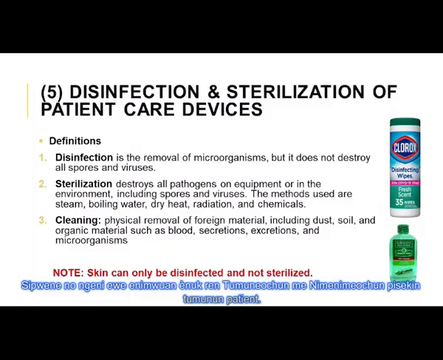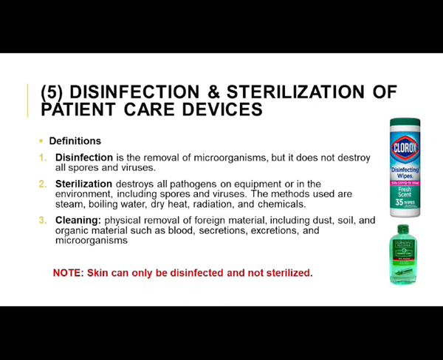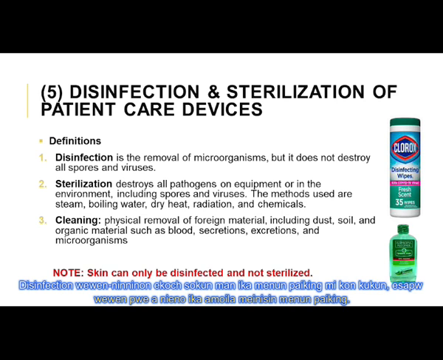So let's move on to the fifth standard precaution, which is mostly related to how you care for the patient care devices. So disinfection and sterilization of patient care devices. Disinfection is the term we use when there's total removal of microorganisms, but it doesn't destroy all spores and viruses.